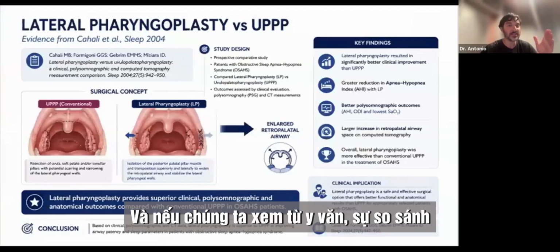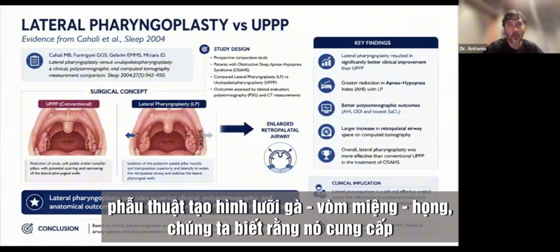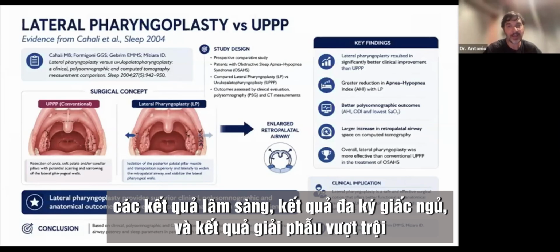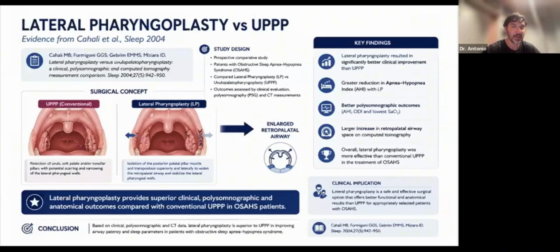And if we see from the literature the comparison of the lateral pharyngoplasty with the uvulopalatopharyngoplasty, we know that it provides superior clinical, polysomnographic, and anatomical outcomes as compared to the conventional surgery.